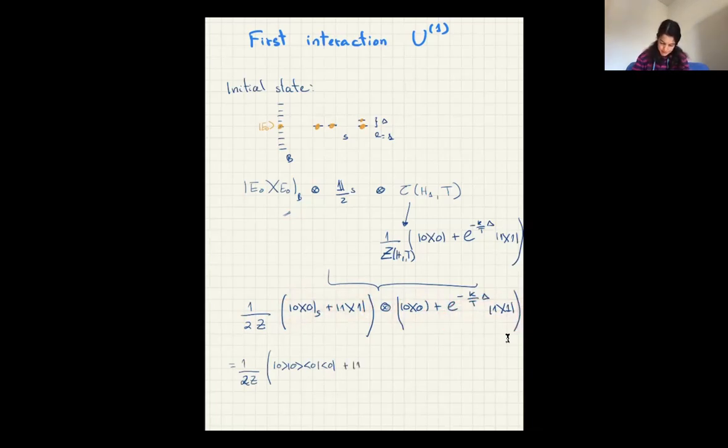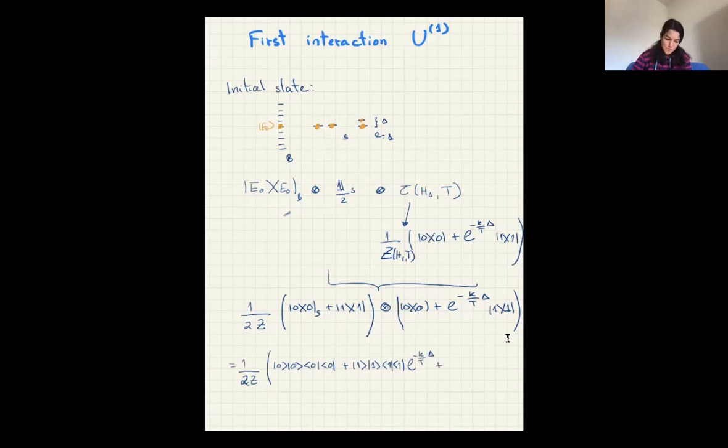So plus 1, 1, 1, 1 times e to the minus K over T delta. And now come the interesting states.